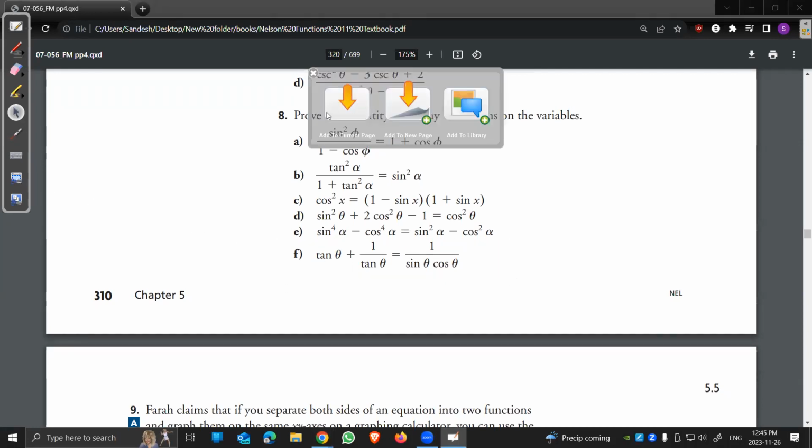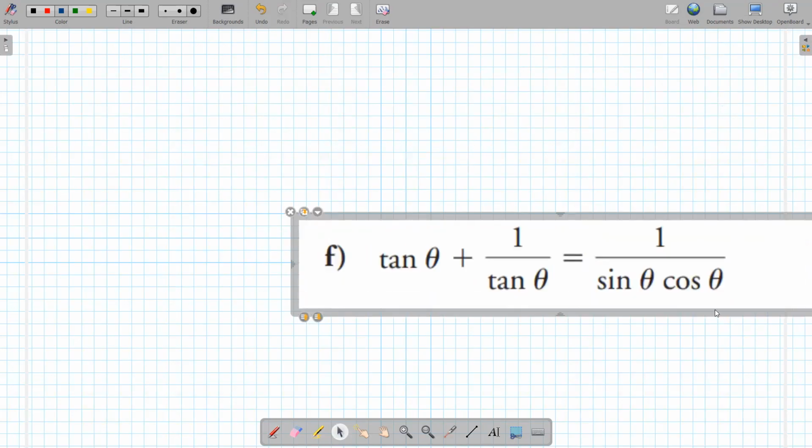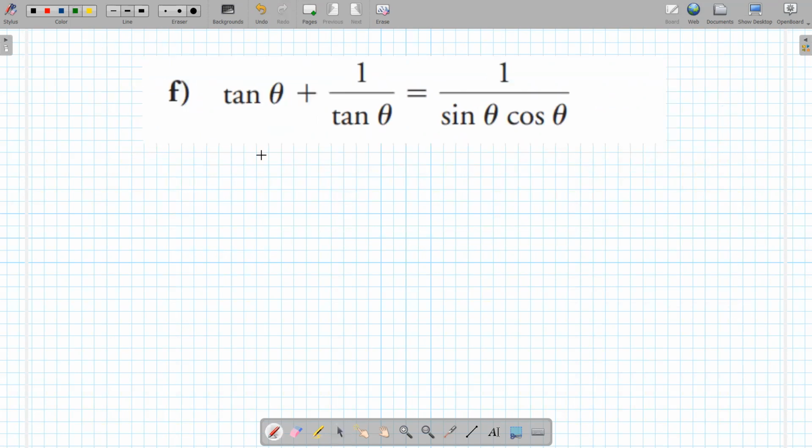For F, again, you start on the left side. There's only one thing you could possibly do, and that is change that tan into sine over cosine. So you have sine theta over cos theta plus cos theta over sine theta.